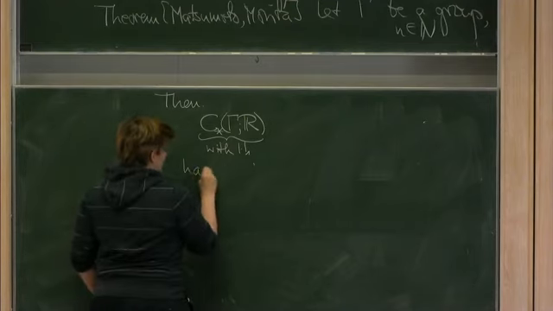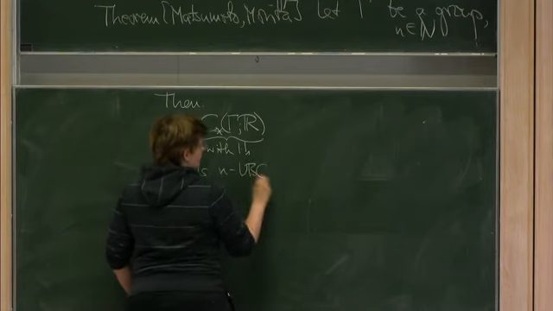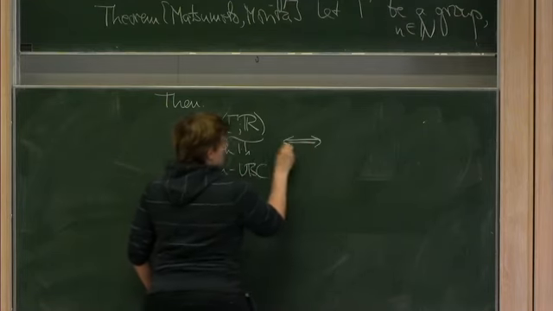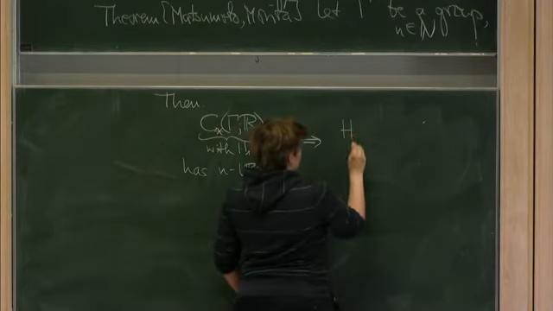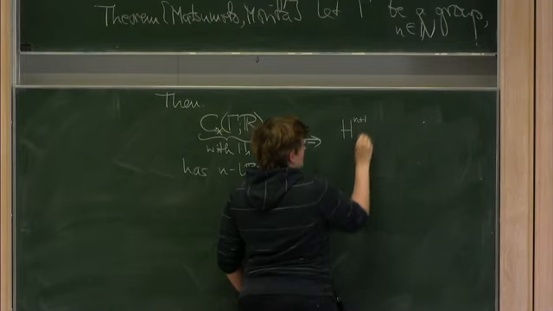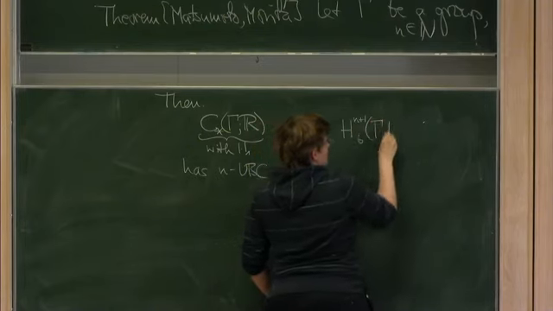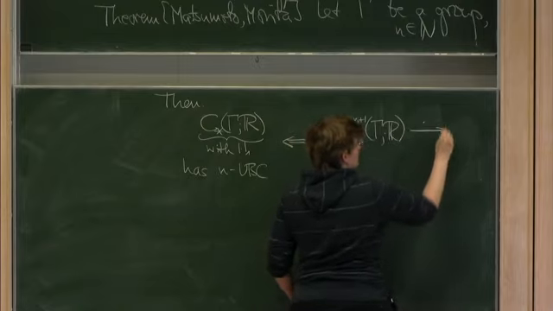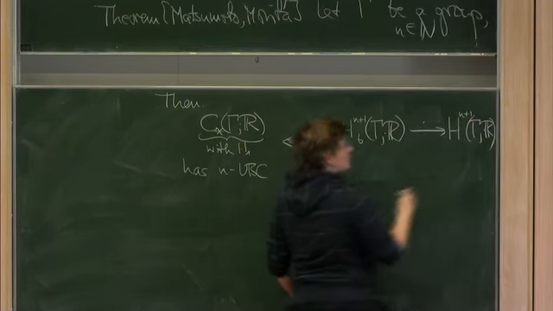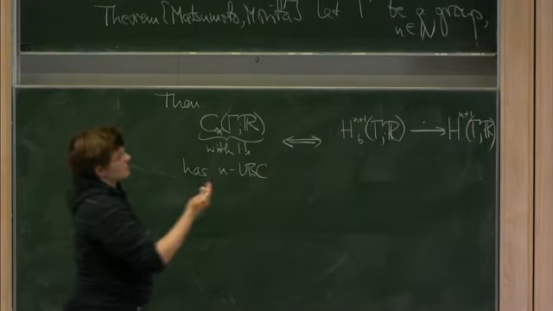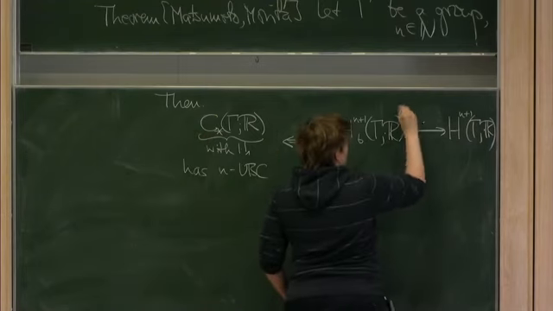So this has UBC if and only if, as Roberto already explained, there is this comparison map from bounded cohomology of gamma to the ordinary cohomology, so you just forget that your chains have been bounded.